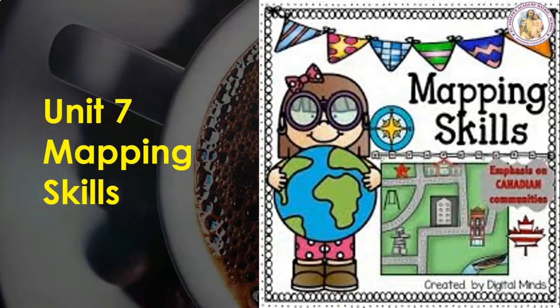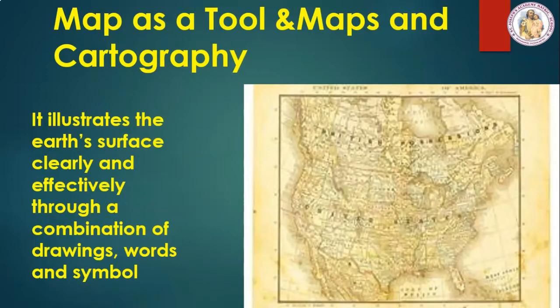Map as a tool. A map is the basic tool of a geographer. It illustrates the Earth's surface clearly and efficiently through a combination of drawing, words, and symbols.